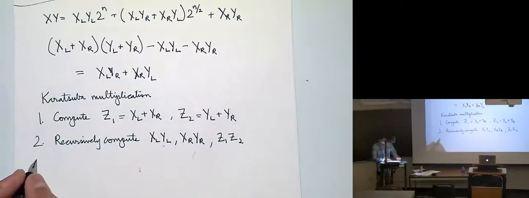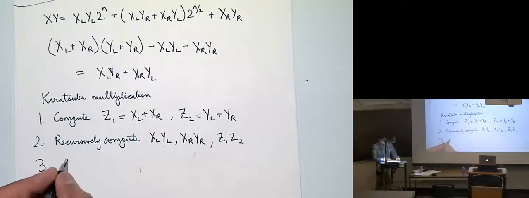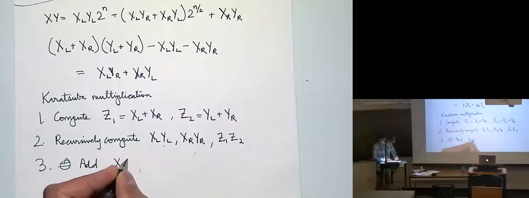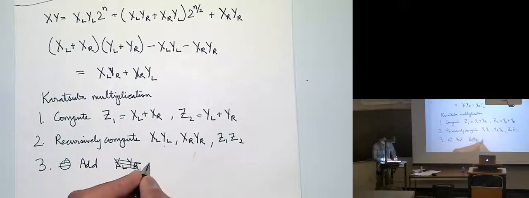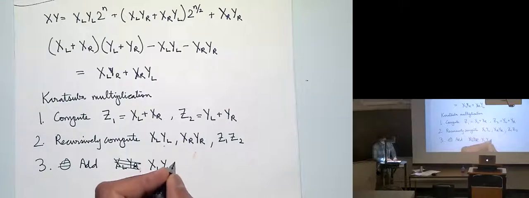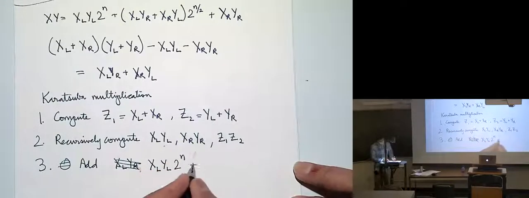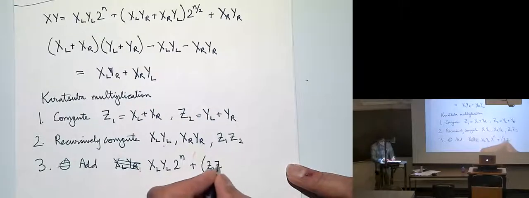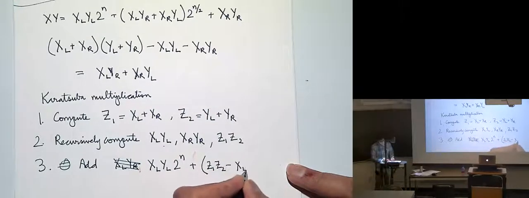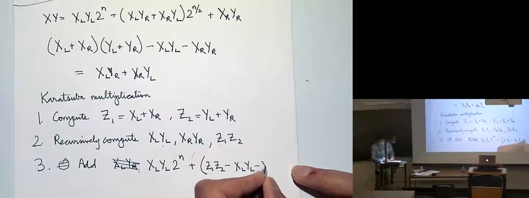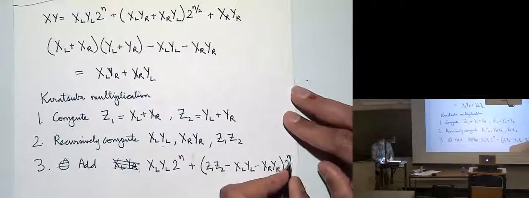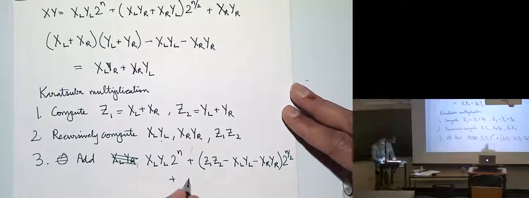Okay? The third step is add XL, YL times 2 to the n, plus the middle term you get by a subtraction. You say Z1, Z2 minus XL, YL minus XR, YR, times 2 to the n over 2, plus XR, YR. Okay?